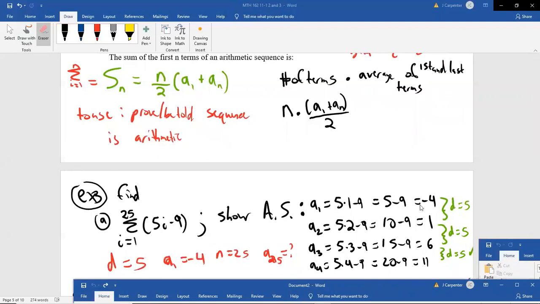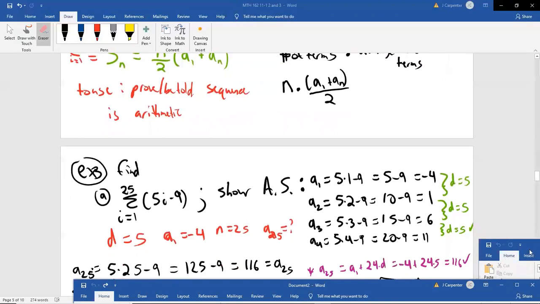Our first term was negative 4, which we proved up here. We need to find the sum of the first 25 terms, so the n is 25. So the main question we need is, what is the 25th term? Because we've got to average the first and last. So you might be thinking, oh, well, just find all of them. No, you can go straight to the last one because this is the formula based on i. It's not even recursive. So just plug in 25 here.